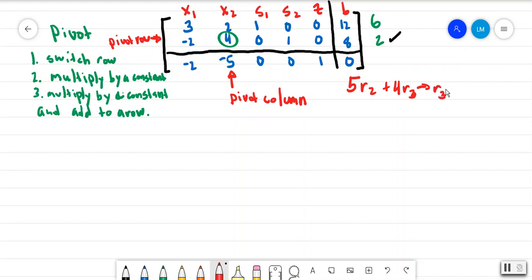Now, basically we're going to have the same second row: -2, 4, 0, 1, 0, and 8. And we still have the top row because we didn't change anything.